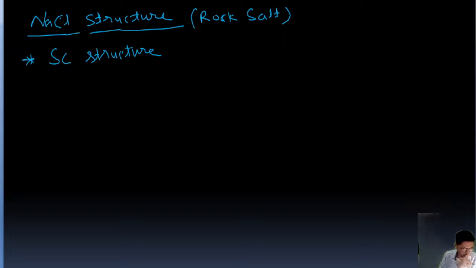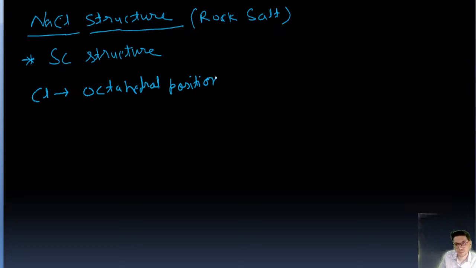Now we'll talk about position, okay. So Cl position is, my apology, Cl is in octahedral position, okay. Octahedral position, and Na is FCC, okay. Na atoms are in face centered structure, okay.